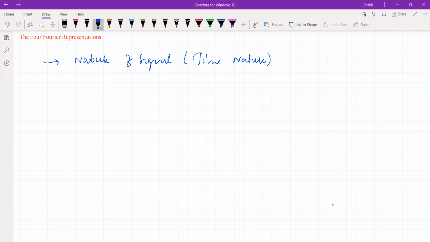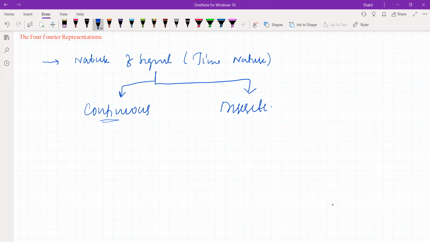If it's continuous, we'll have one Fourier representation, and if it is discrete, we'll have another Fourier representation. In short, we'll use continuous time sinusoids here, and we'll use discrete time sinusoids here, right?